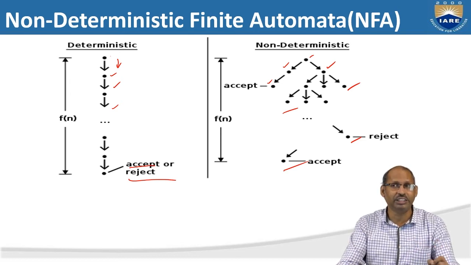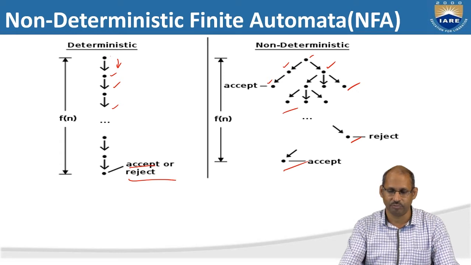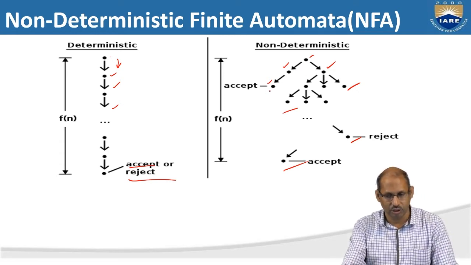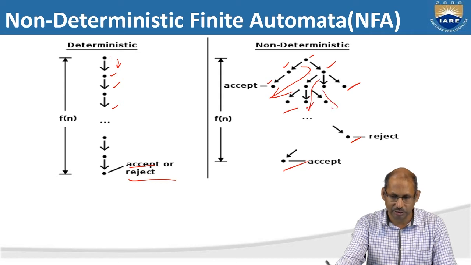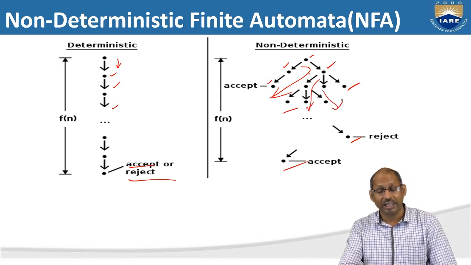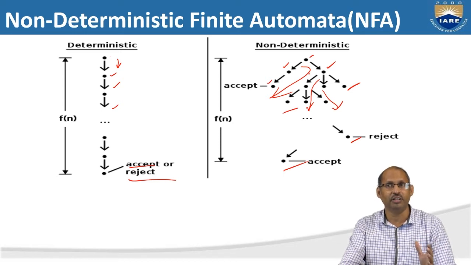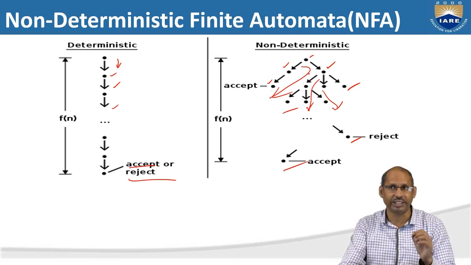Each one will be considered for the next input symbol. After reading the input string, one of the paths may reach a final state or not. If one of the paths reaches the final state, the string is accepted. Here one path reaches here, another path this one, and another one. After reading the input string, it may reach some of the states.